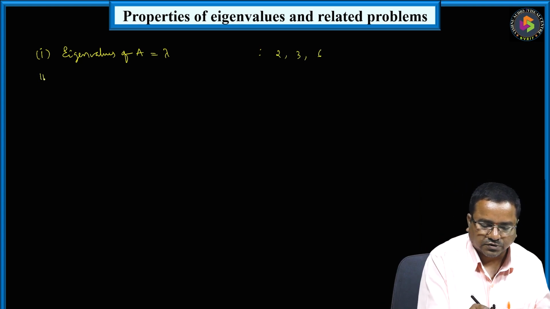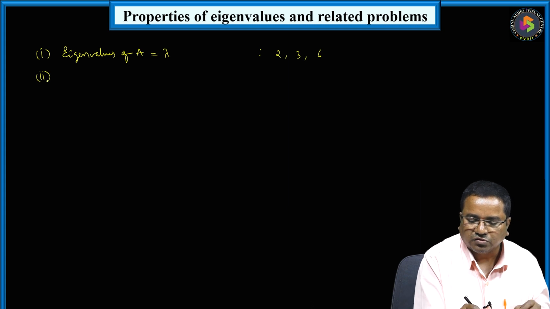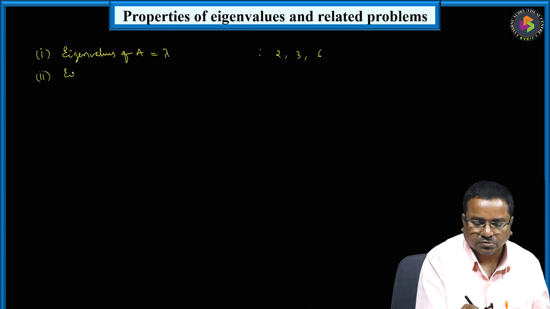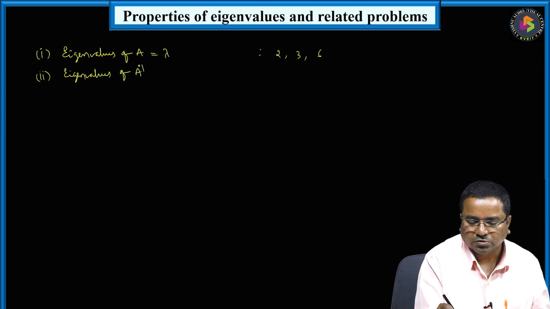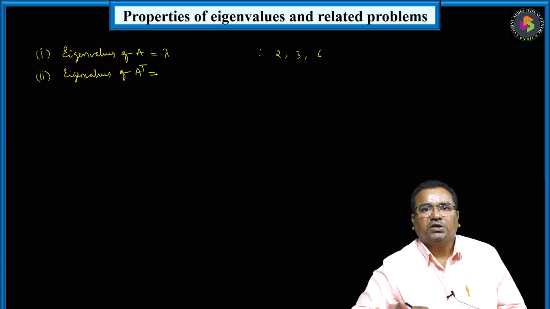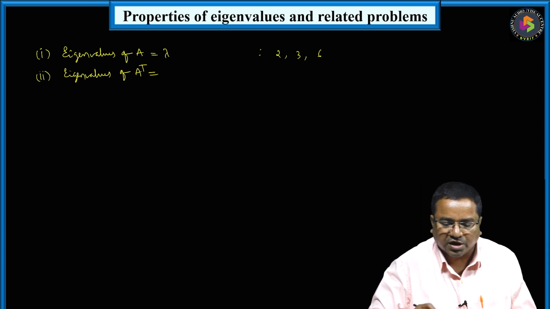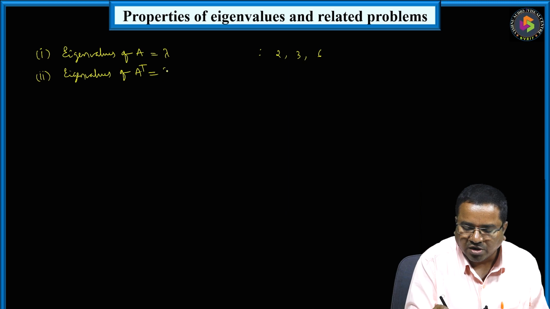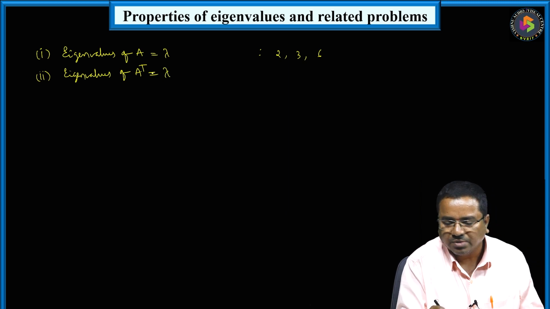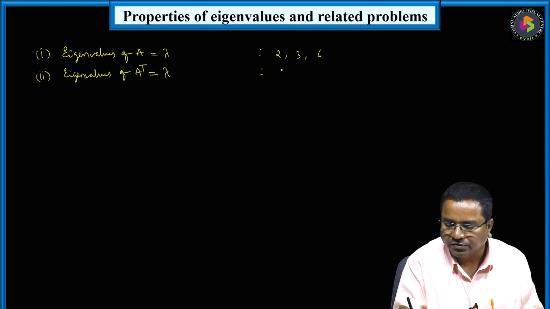The next one, the second question, eigenvalues of A transpose. We know the property: if lambda is an eigenvalue of A, the same lambda is also an eigenvalue of A transpose. Therefore, eigenvalues of A transpose are the same, so the answer is 2, 3, 6.